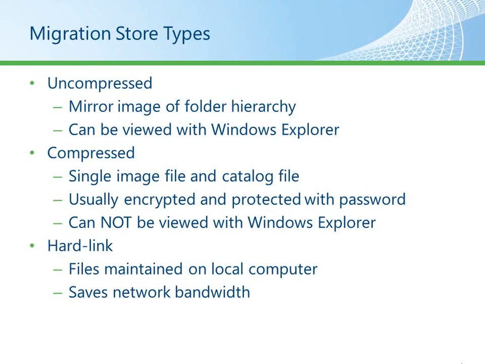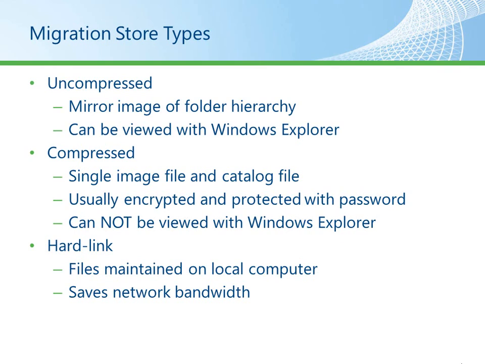And the hard link migration store functions as a map that defines how a collection of bits on the hard drive are wired into the file system. So we use that new USMT 4.0 migration store in the PC refresh scenario only. So it's only if we're installing the operating system on the same machine that we want to use this hard link migration store. And this is because the hard link migration store is maintained locally on that computer while the old operating system is removed and the new operating system is installed.